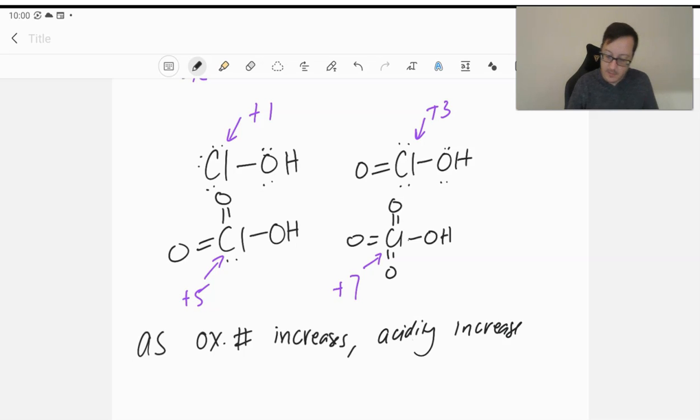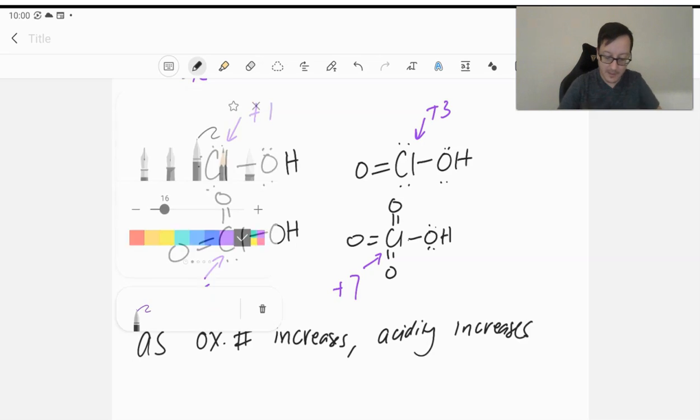So if you want to think about it, in perchloric acid, the very bottom right there, those 3 double-bonded oxygens are stripping away all of chlorine's electrons. Right? That poor chlorine has so few electrons, it's going to try and take as many electrons, or electron density, from the oxygen that has the hydrogen as possible.